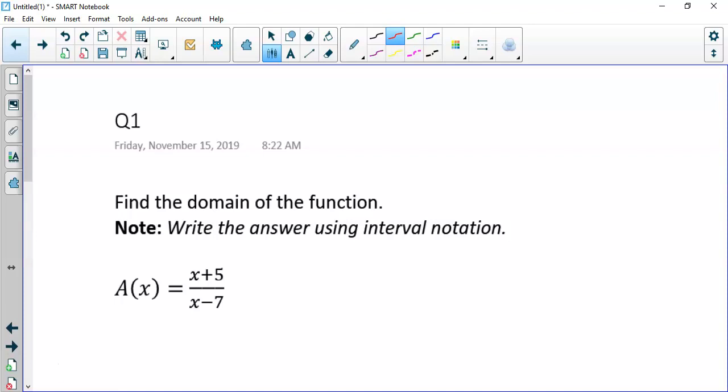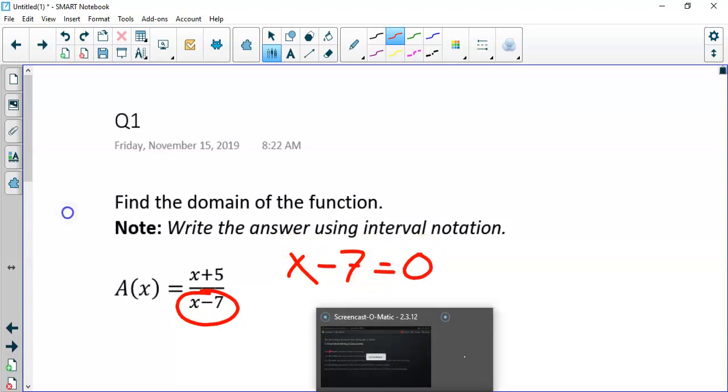Equal to 0? Yeah, remember we want to set this denominator equal to 0 because we want to find out those numbers that we want to kick out because they create problems for us when our denominator is 0, because we can't divide by 0. So you just take your denominator, set it equal to 0, x minus 7 equal to 0, and solve.